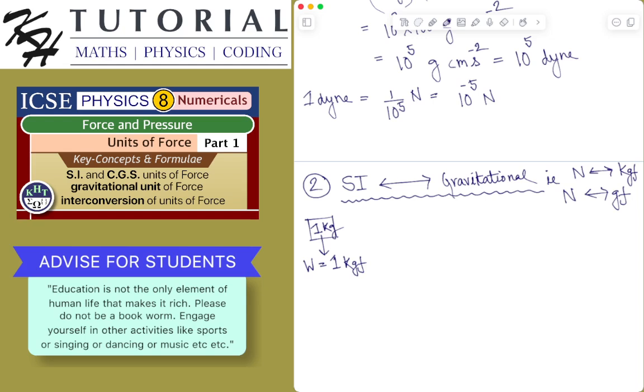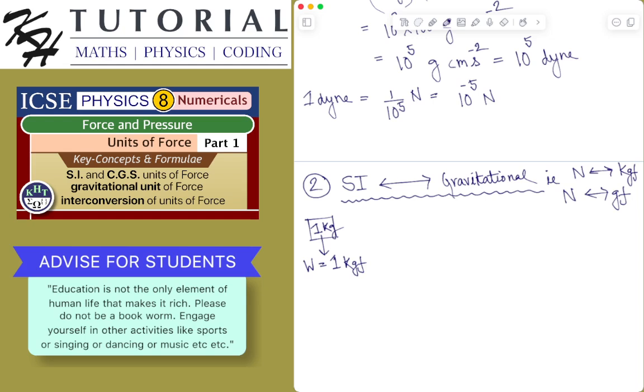So 1 kgf is the gravitational force that is acting on a body of mass 1 kilogram. Now what is that gravitational force?